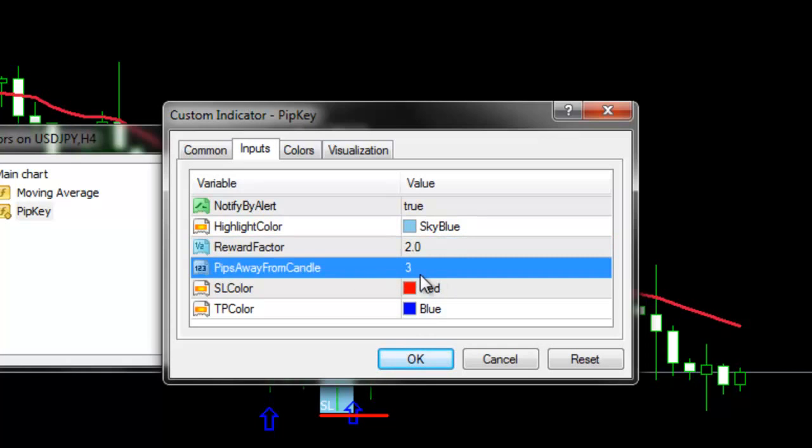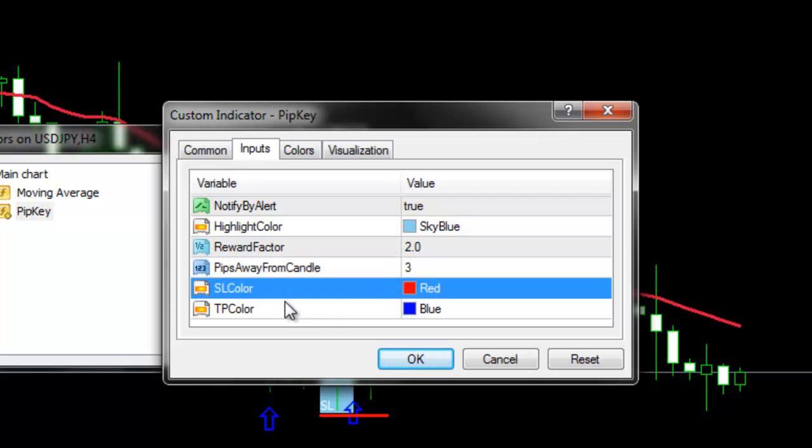Pips away from candle is how many pips the stop loss line will be from the lowest point when we have a buy entry, or the highest point when we have a sell entry, of the pin bar. And you can also customize the stop loss and take profit colors.